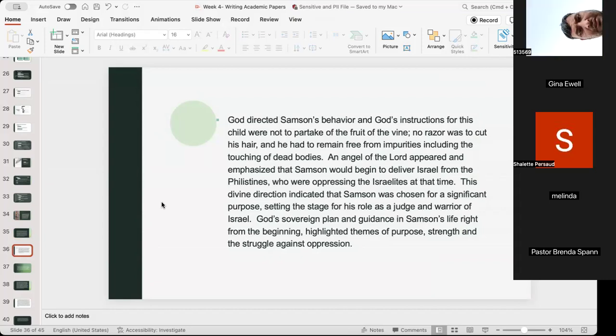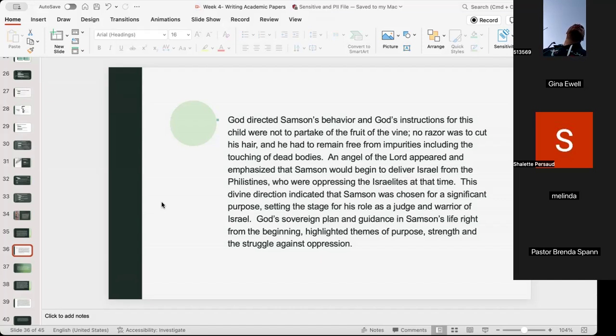An angel of the Lord appeared and emphasized that Samson would begin to deliver Israel from the Philistines, who were oppressing the Israelites at that time. This divine direction indicated that Samson was chosen for a significant purpose, setting the stage for his role as a judge and warrior of Israel.